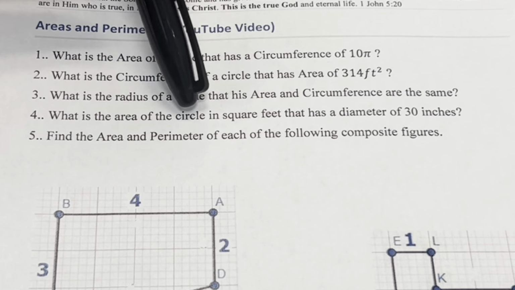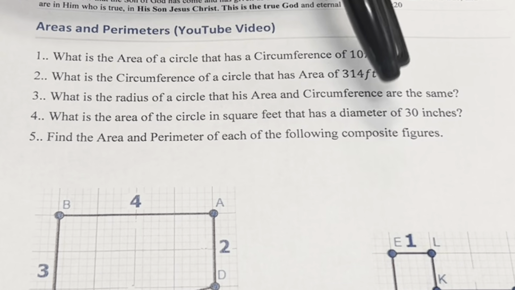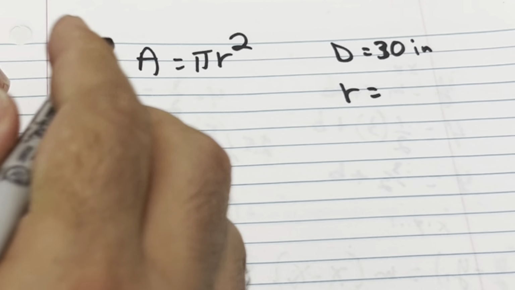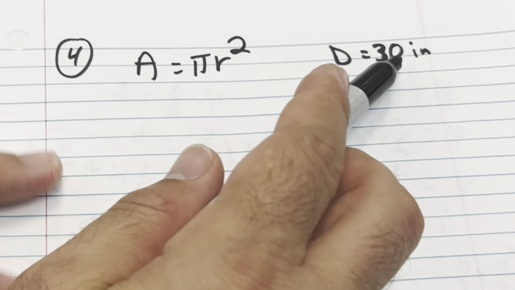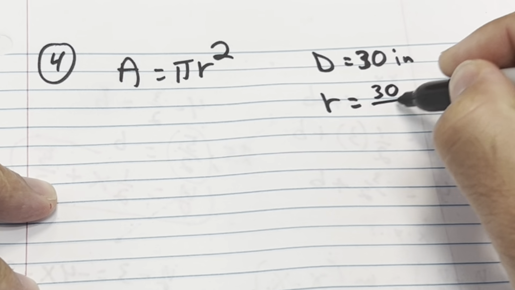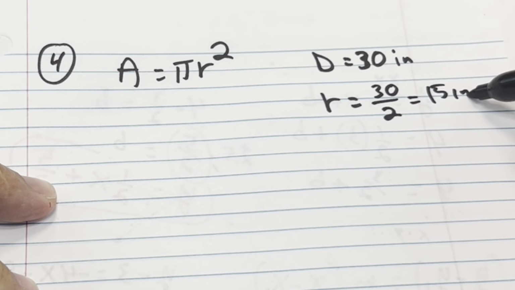What is the area of the circle in square feet that has a diameter of 30 inches? That's number 4. Here I'm just writing the information: the formula for the area of a circle, and the diameter is equal to 30 inches. Remember, the radius is the diameter divided by 2, so 30 divided by 2. The radius is 15 inches.